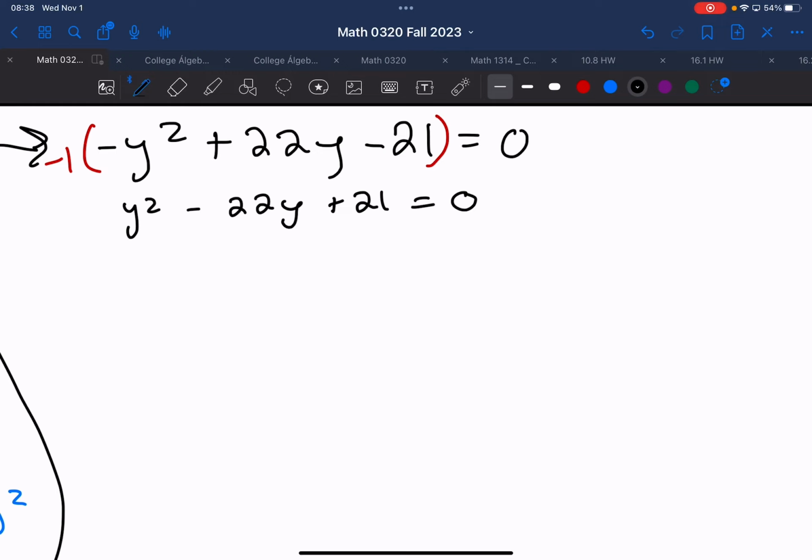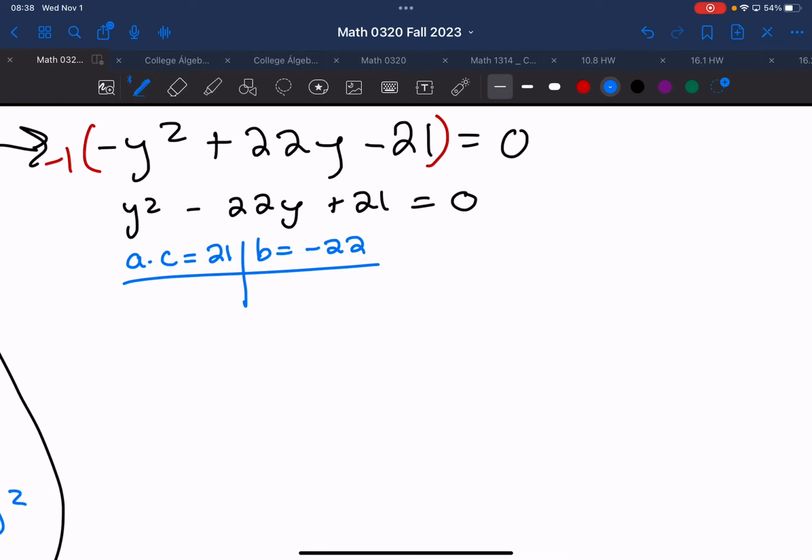Now that we have this, this tells us we are going to factor using what method? The AC method. Okay, so doing the AC method, what is A times C? 21. What's our B value? Negative 22.